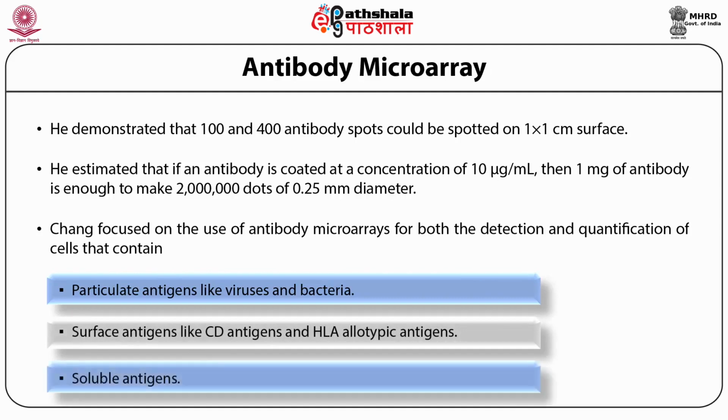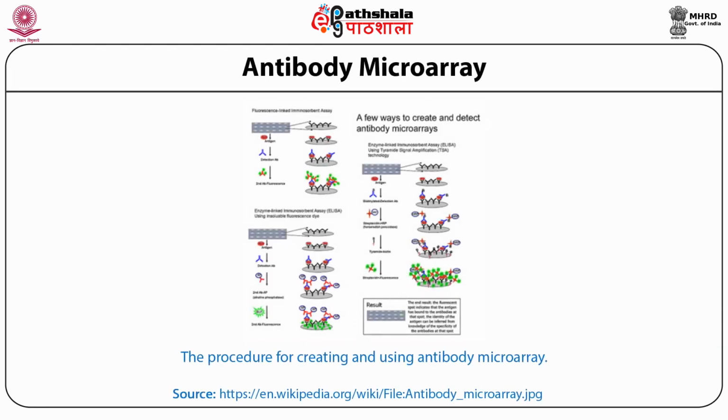Thirdly, soluble antigens. There are several ways to create and detect antibody microarrays, and performing an antibody microarray is quite similar to performing an ELISA, the simplest being fluorescence-linked immunosorbent assay, which involves the use of an antibody chip to which cell lysate is added, which has the antigen in question, which goes and binds to the specific antibody on the chip.